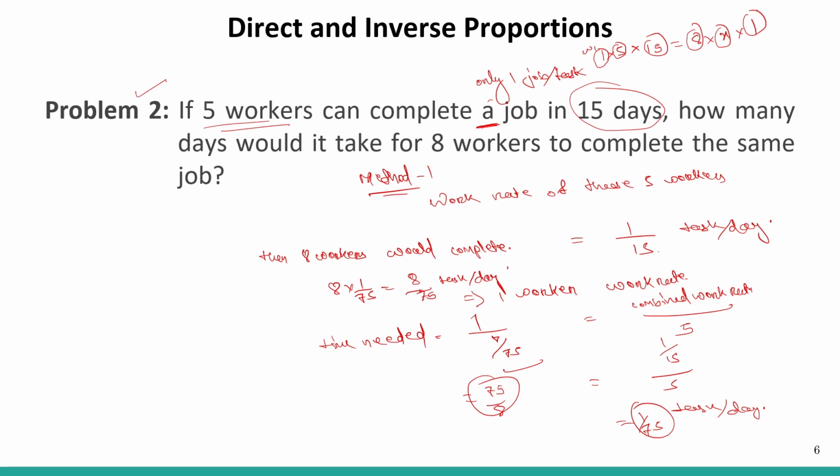So this is manpower 1, manpower 2, t1 and t2. This implies that 15 into 5 by 8 is equal to x, so x is equal to 75 by 8. As you can observe here, these two answers are actually the same.